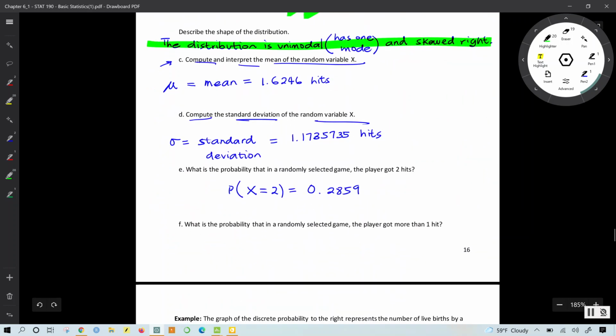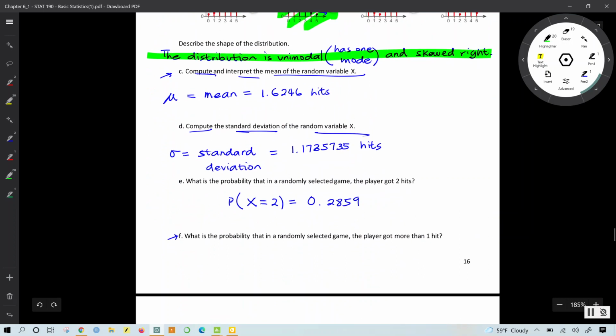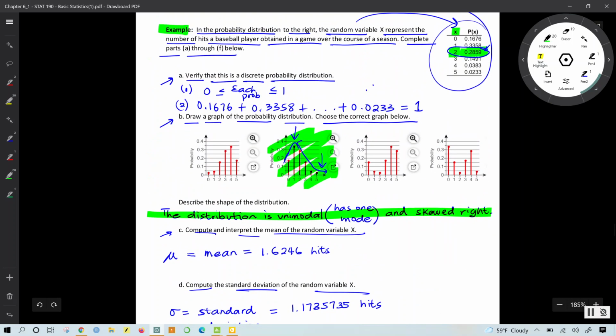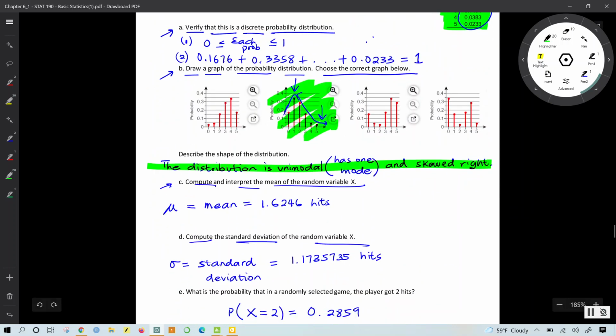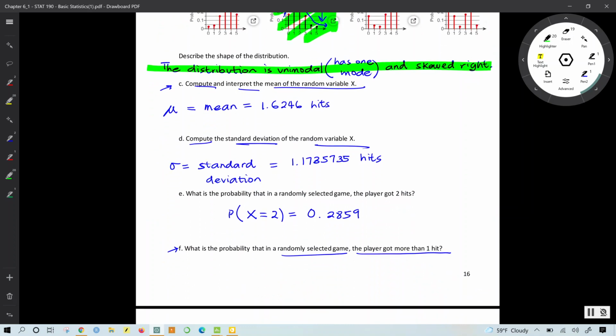And then, finally, we have to find the probability that in a randomly selected game, the player got more than 1 hit. More than 1 hit would be either 2 hits, 3 hits, 4 hits, or 5 hits. The corresponding probabilities would be summed up together, and that would be the answer for this case. So in this case, this is probability P the number of hits, X, is greater than 1.